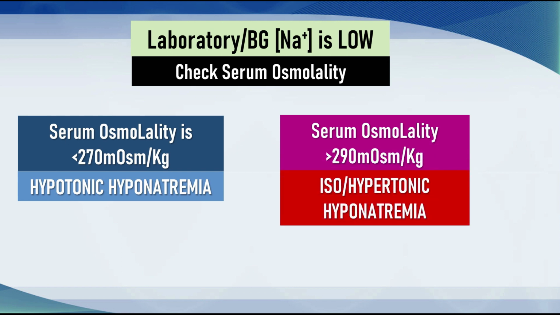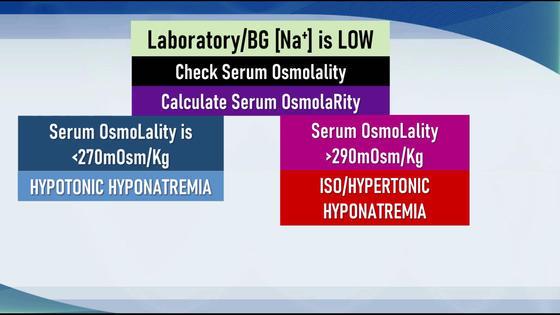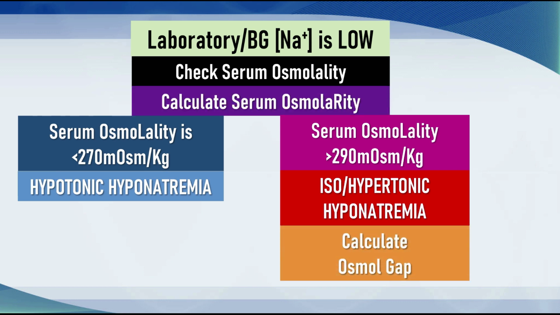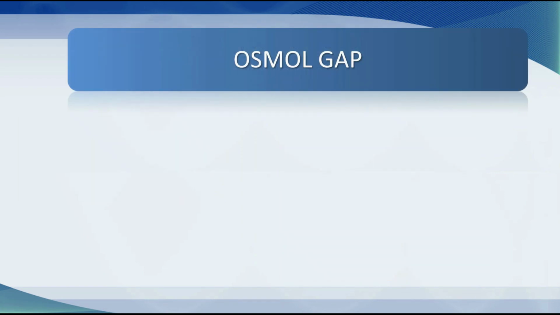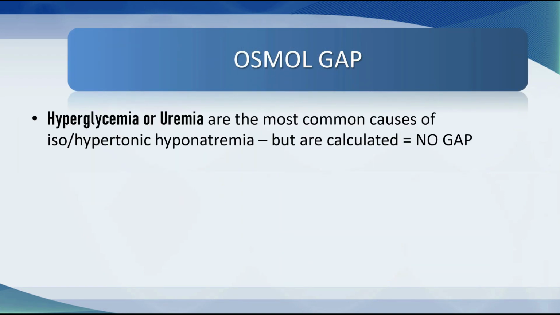If it's more than 290 milliosmoles per kilogram with a low sodium, this is iso or hypertonic hyponatremia, and you need to calculate out the osmol gap. The most common cause of iso or hypertonic hyponatremia is hyperglycemia or uremia, but they are calculated so there is no gap.